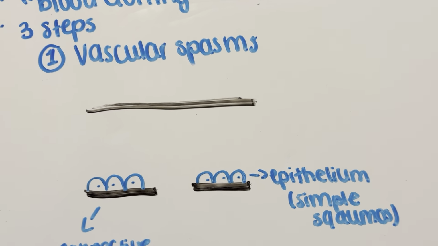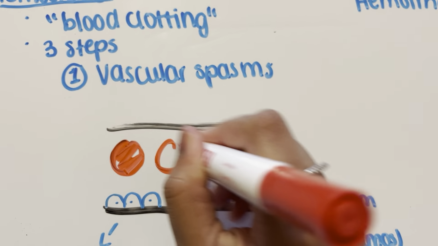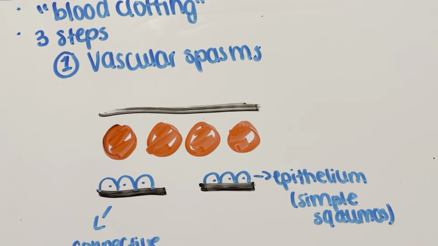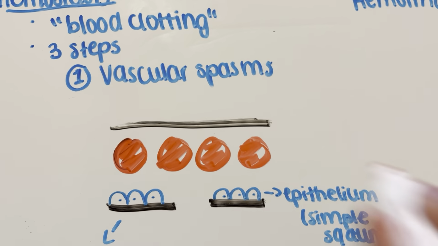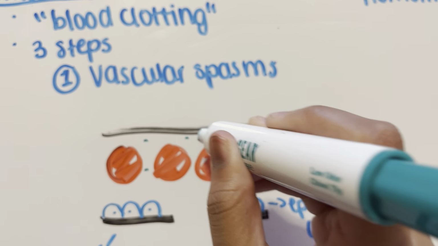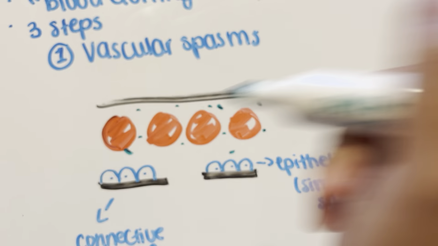So, like you know, blood flows through blood vessels. So I'm having this blood flow through my blood vessels. Okay? And I'll just put some dots of platelets in here, because we know that there's platelets in blood.